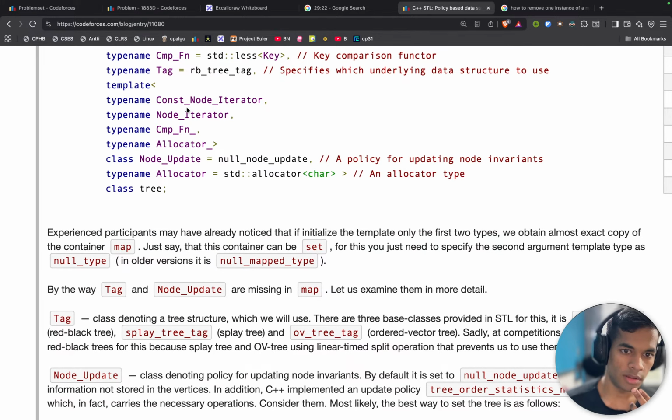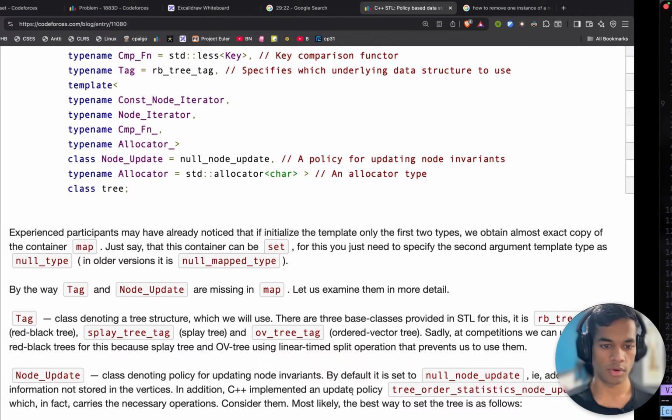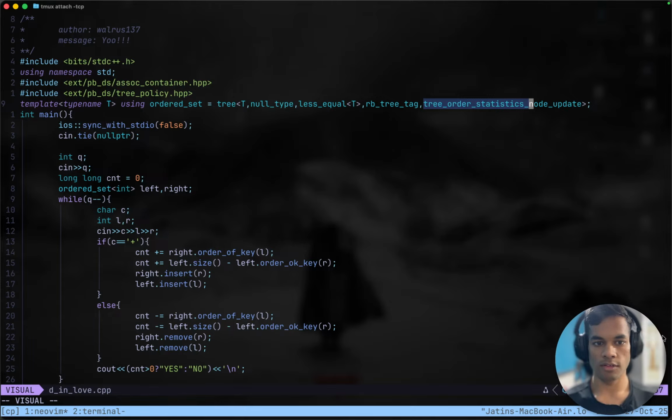This template, there has to be an internal template. Okay, this template is for this class, so okay, yeah, makes sense. And then allocator is nothing by default. We have some default allocator. So this declaration makes sense.